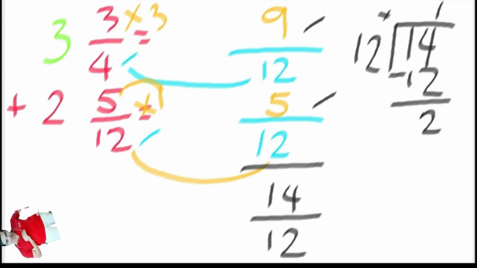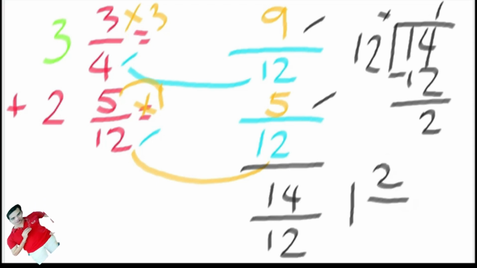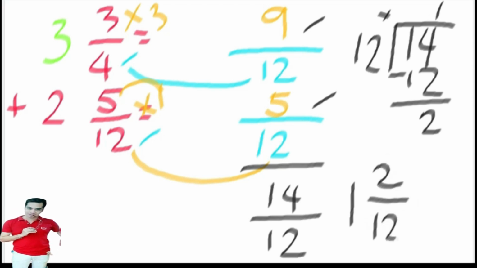Then, paano po natin siya isusulat? So, ang pagkakasulat po nun, that is 1 is the whole number, 2, at saka yung 12, ilalagay natin sa baba. So, final answer na po ba yan? So, hindi pa po. Kasi yung 2 at saka 12, pwede pa nating i-reduce sa lowest term. Okay. So, the lowest term of 2 and 12, makukuha natin sa pamamagitan ng GCF.